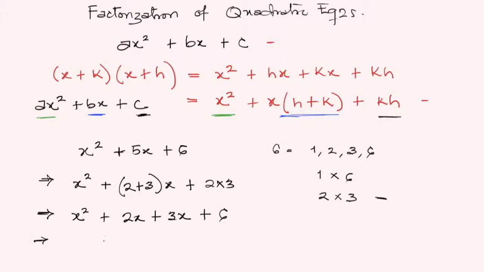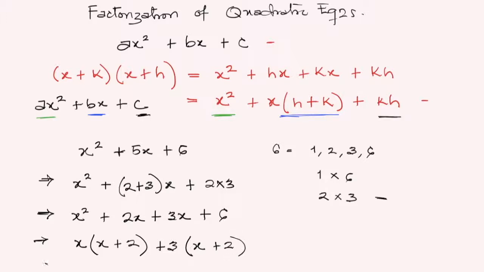So x is common to the first 2 terms here, so we write x down as our common factor. X squared divided by x is equal to x, and 2x divided by x is equal to 2. Now, we have 3 as a common factor between 3x and 6. 3x divided by 3 is going to be equal to x, and 6 divided by 3 is equal to 2.